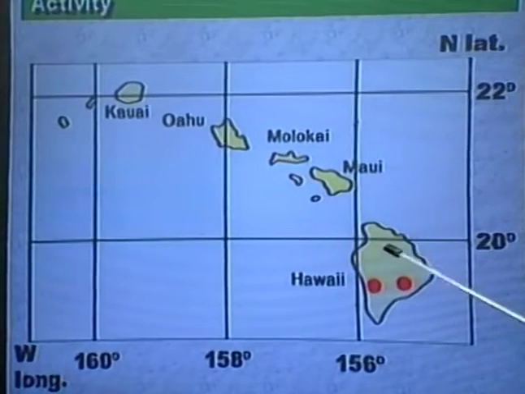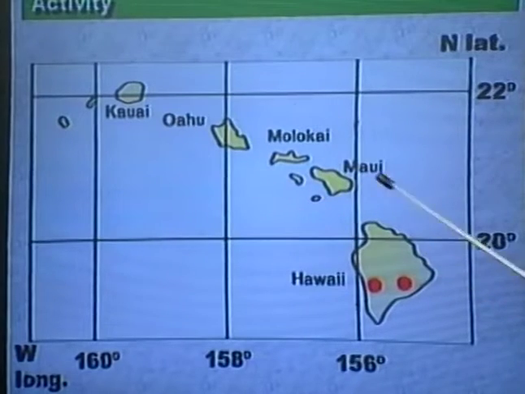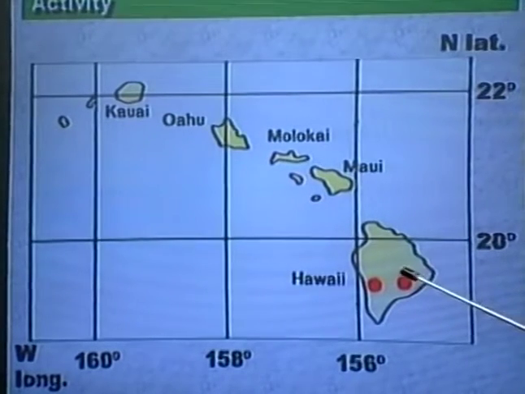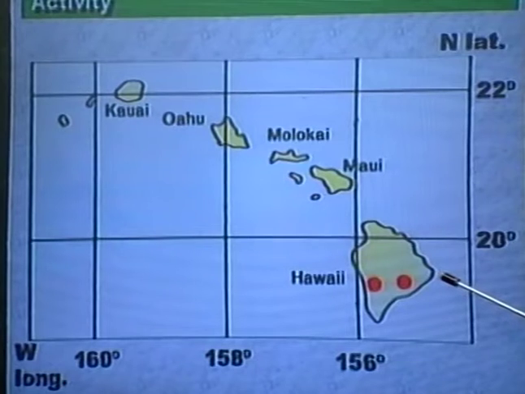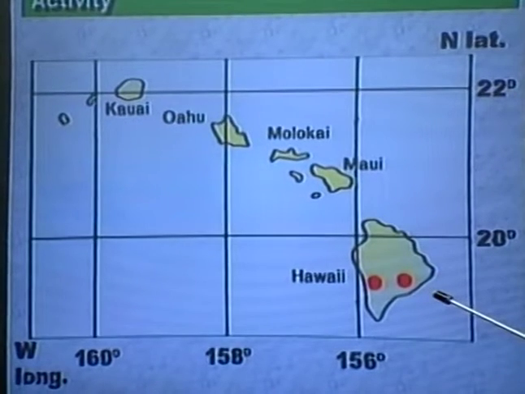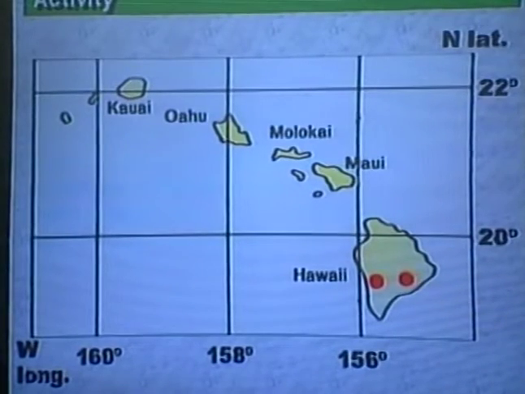But because of the direction in which the plate has moved, they are now away from the hotspot. And this group of islands here is now sitting right over the hotspot. And as a result of that, we have volcanoes such as Mauna Loa, which is also formed from a hotspot.